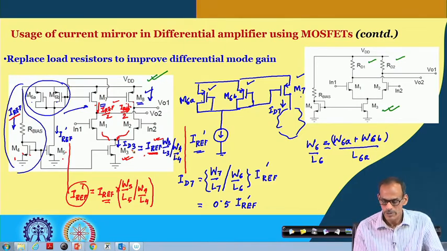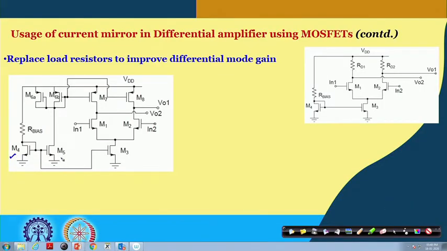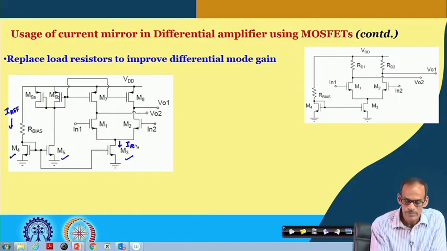Okay, so let me summarize what I would like to say on this slide. If I assume that this transistor and transistor 3 are identical, and this is I reference, that makes this current I reference, and also this current is I reference.